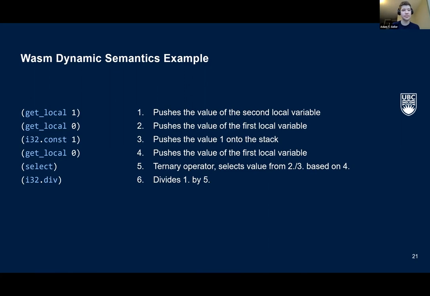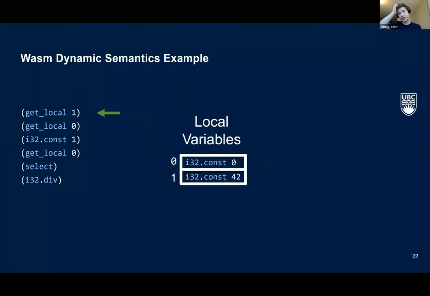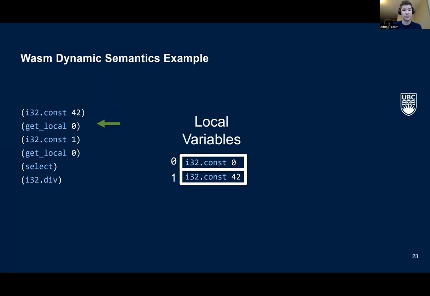And for example, if we set it up in this way, where the first local variable at index 0 is set to 0 when we start executing this, well, first we get the second local variable, which is 42, and push that onto the stack. We reduce the next instruction in the stream, which gets the first local variable, which is 0.